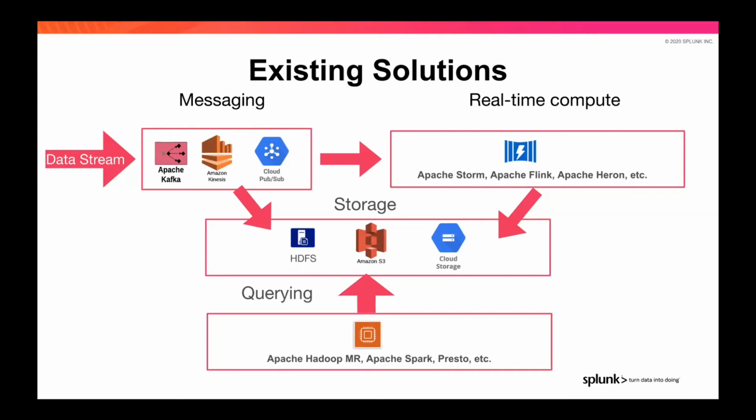This would be HDFS, S3, Google Cloud Storage, or any other distributed file system or object store. Then you have, traditionally, MapReduce, Apache Spark or Presto to query that storage layer, which people often also describe as your data warehouse or your data lake.